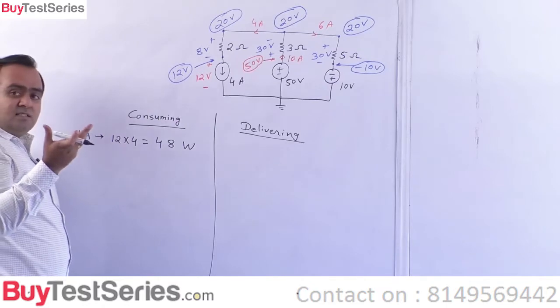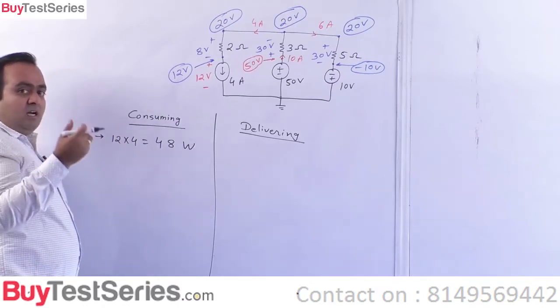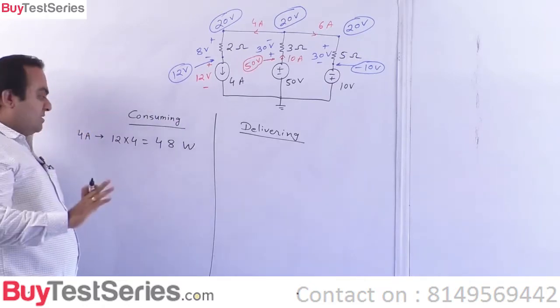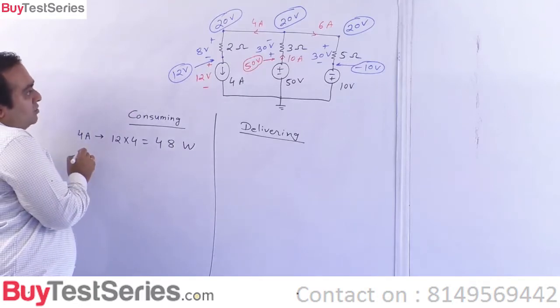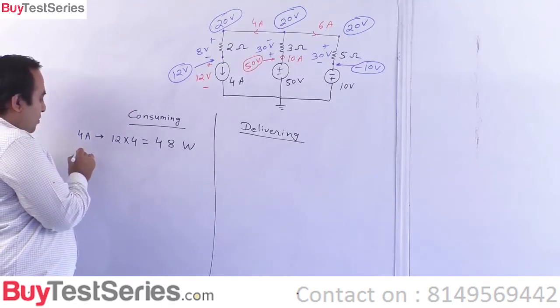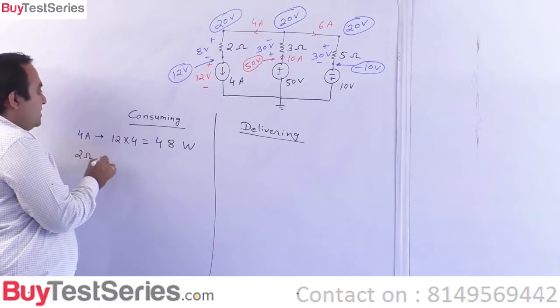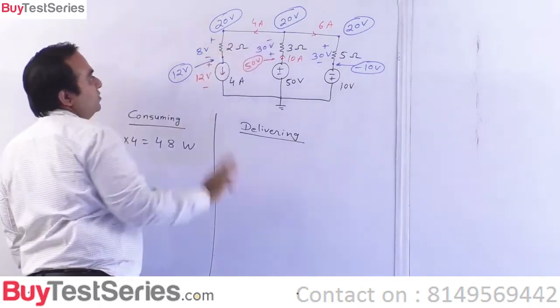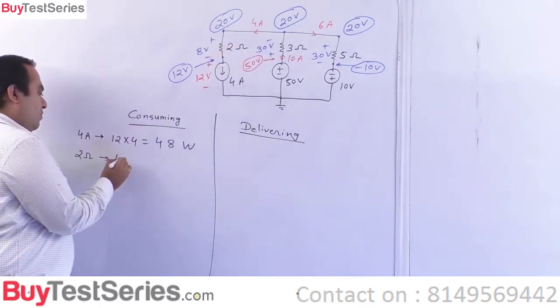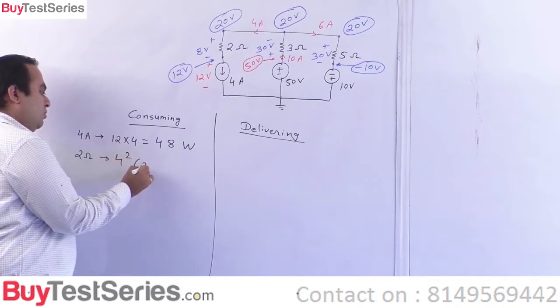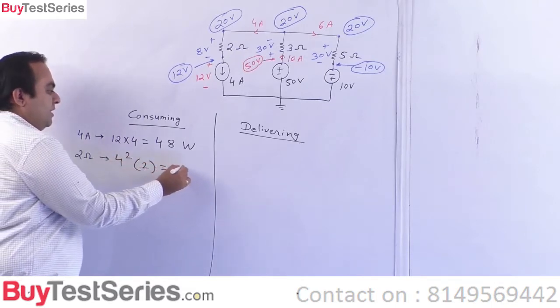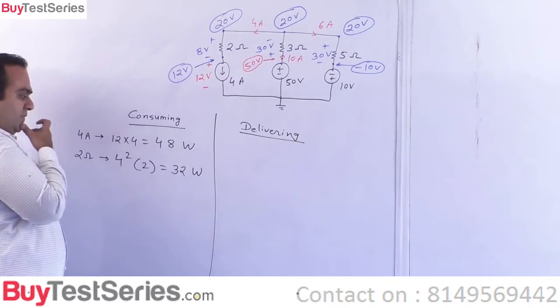How much does a resistance consume? I squared R. Current squared into R is the power consumed always. So if you look at this 2 ohm resistance, how much is the current flowing through it? 4 ampere. So 4 squared into 2 is 32 watts.